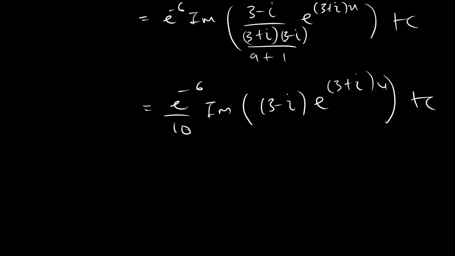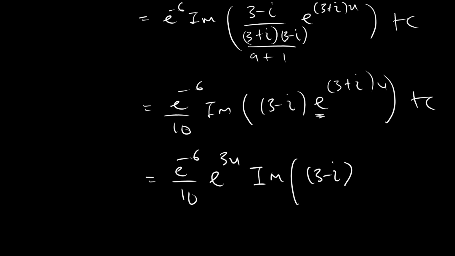Okay, we could always pull this e to the 3u out, times the imaginary part of (3 minus i) e to the iu. So this part here is the same as cosine of u plus i sine of u.